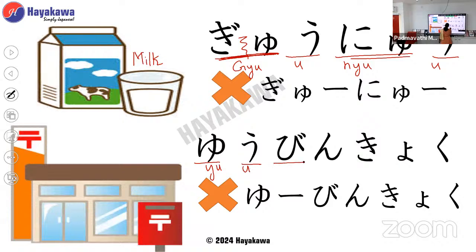This is he, bin, kyo. So yubinkyoku will be post office. Yubinkyoku.